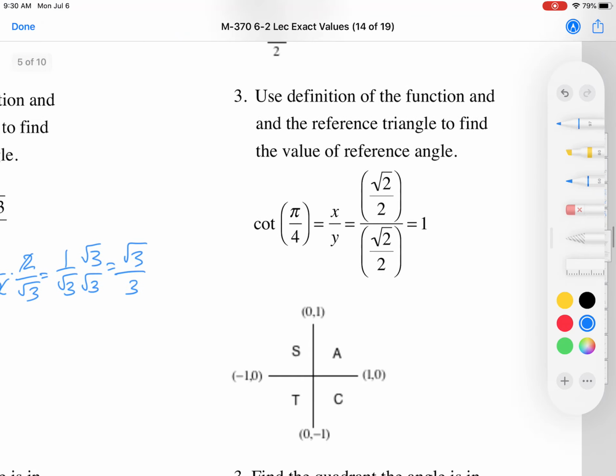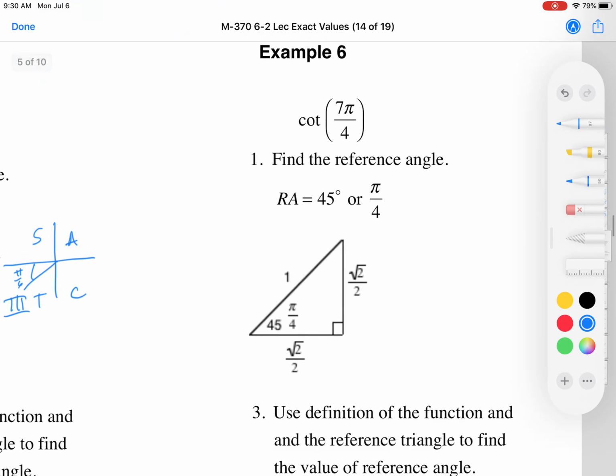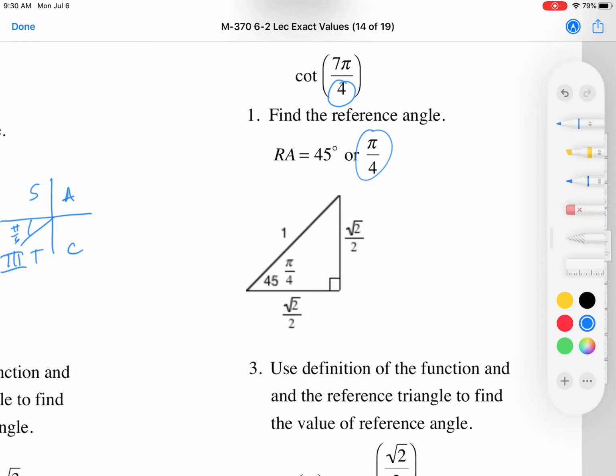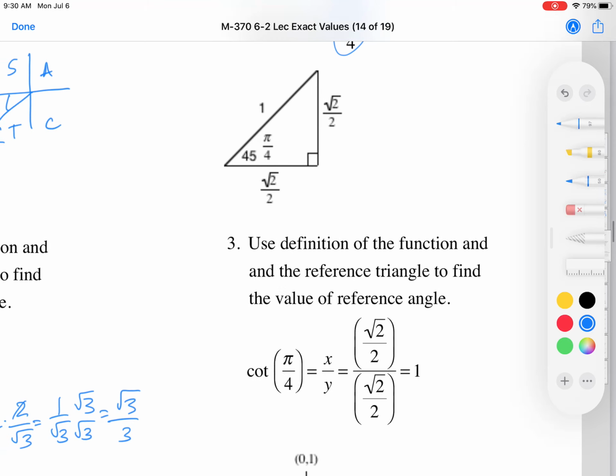Something similar happening here, right? Here we're doing cotangent. Okay, 7 pi over 4. Reference angle is a pi over 4 reference angle. Pretty easy to see that with the 4 on the bottom. Then we'll look at cotangent, and you can look above or have memorized that it's x over y. It's the reverse of tangent. So it's root 2 over 2 divided by root 2 over 2, which is 1.